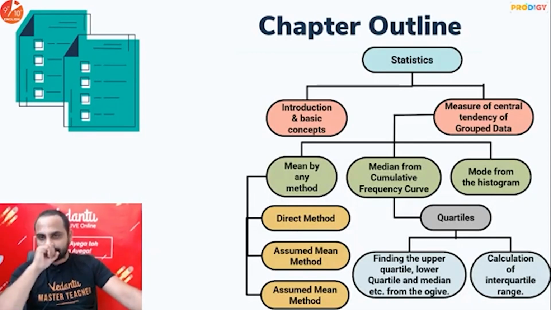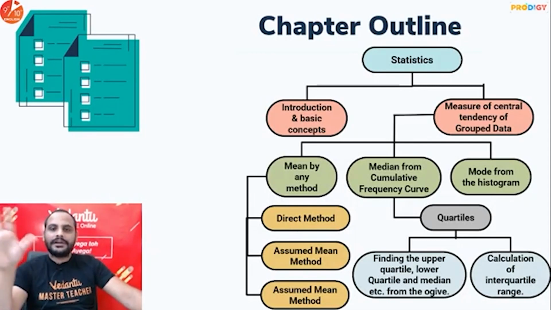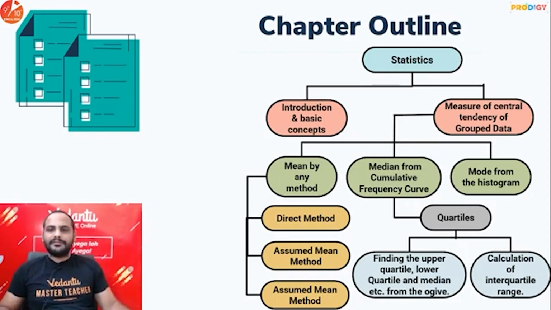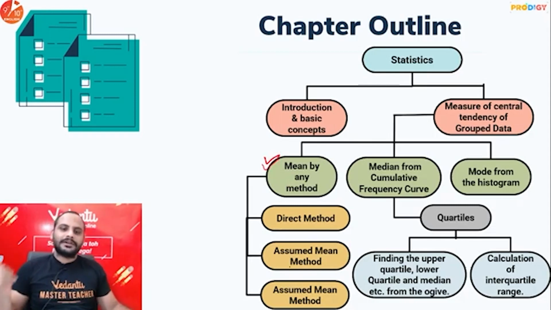Now, statistics, if you see in this topic, there is first the introduction and basic concepts, which you have already completed in your previous grades. The major thing we have right now is measure of central tendency. So first, what we'll be completing in today's class is mean by different methods: direct method, assumed mean method, and step deviation method.